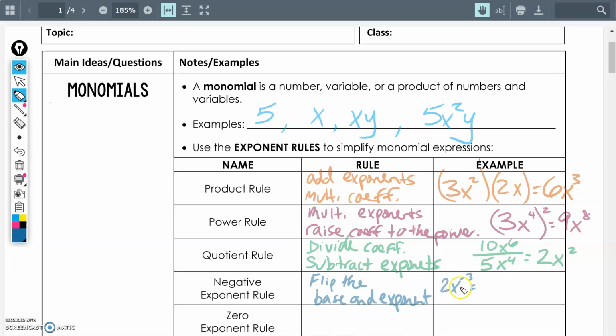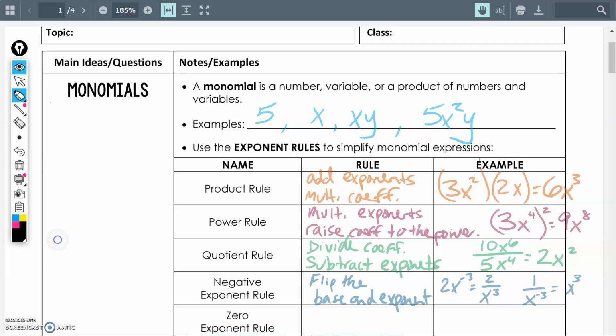We're going to flip the x to the negative 3 and put it on the bottom, but now make it positive. Keep the coefficient on top. Another example looks like this. If we already have a negative on the bottom, that just gets flipped on up to the top on the numerator, and it becomes positive.